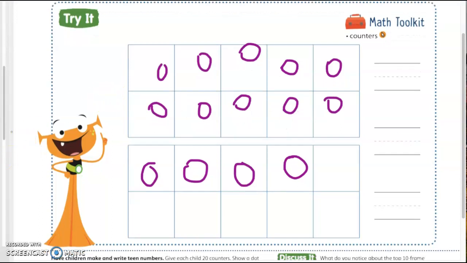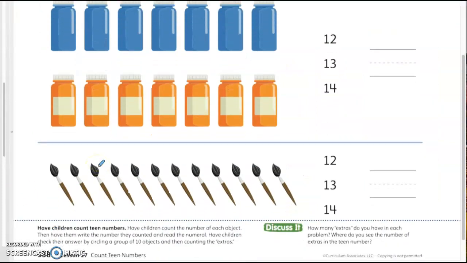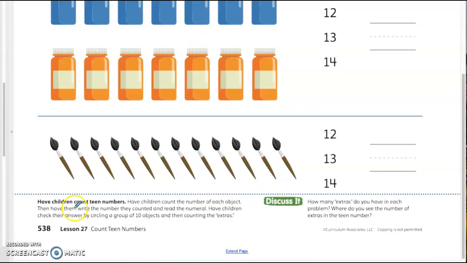Let's go to the next page number. The next page number is 538, right? Let's take a look at this number and take a look at place value. We have 538. How many ones are in 538?